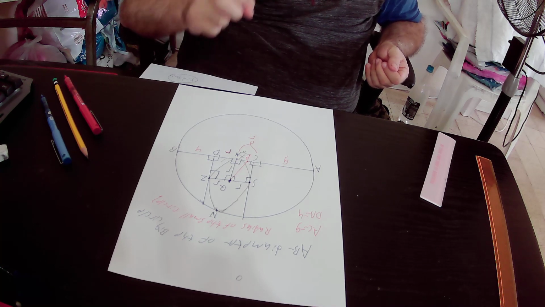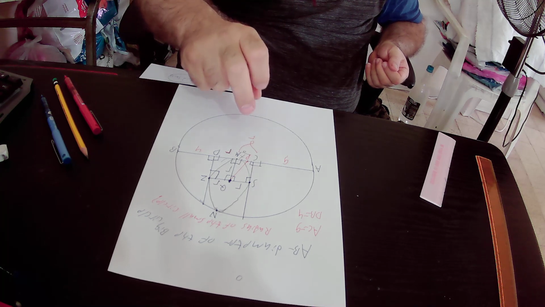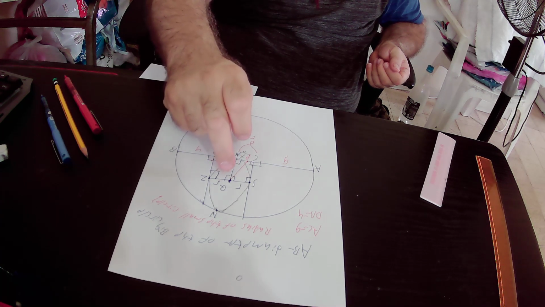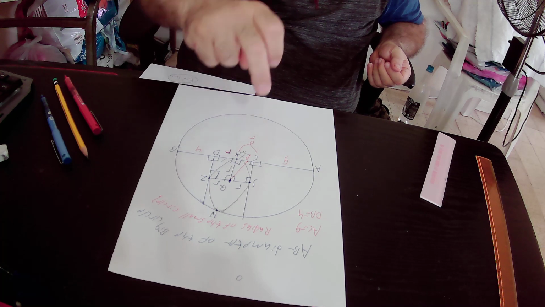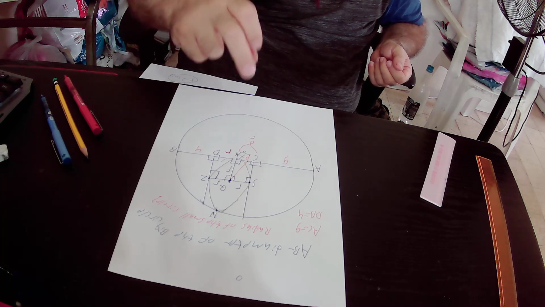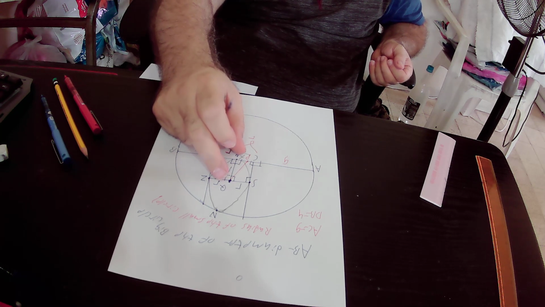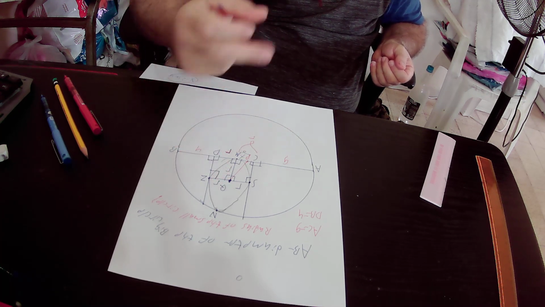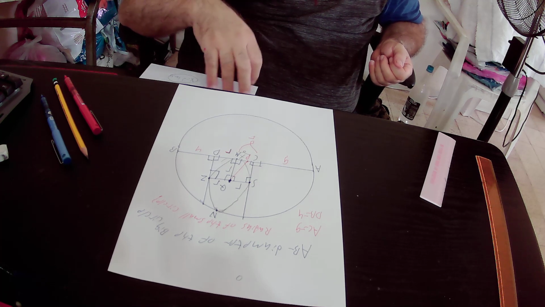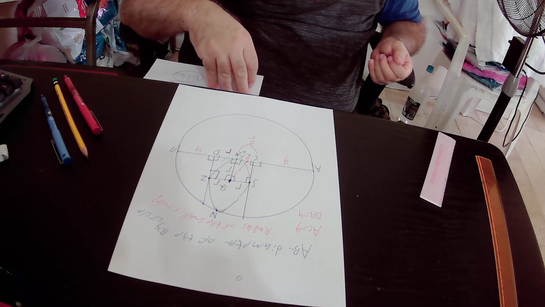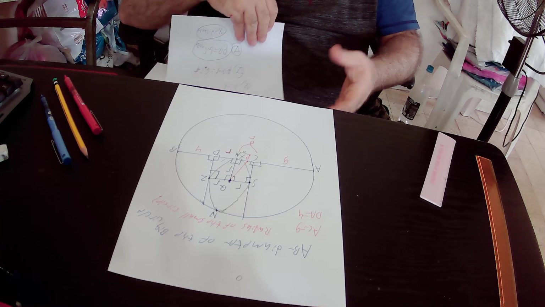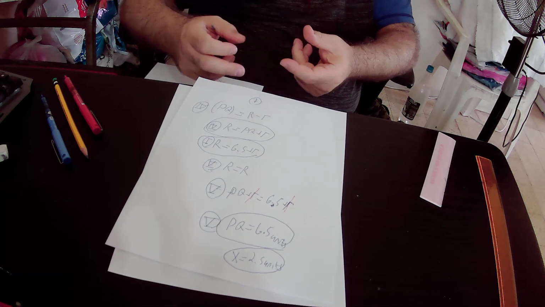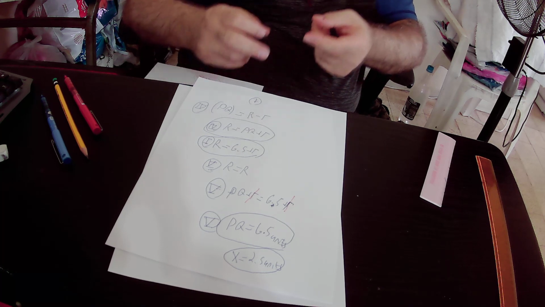The center of the small circle is at point Q, and the center of the big circle is at point P, and the distance between those two centers is PQ. That PQ, according to rule number 1, is equal to the difference between their radiuses. That means that PQ is equal to capital R minus small r.